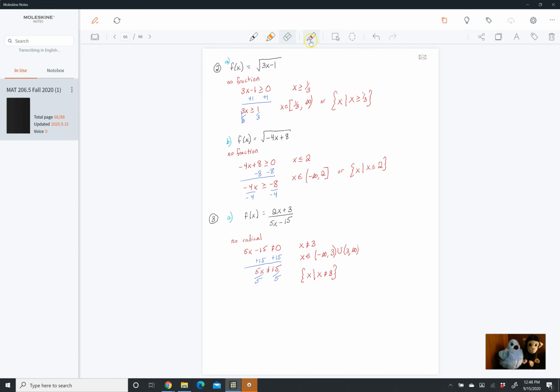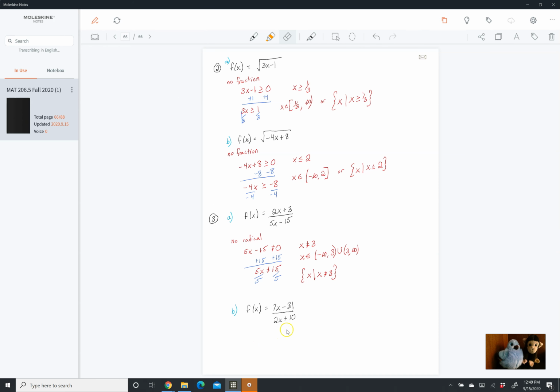Okay. Let's do a second one, just like this. This time, let's do f of x is equal to 7x minus 31 over 2x plus 10.